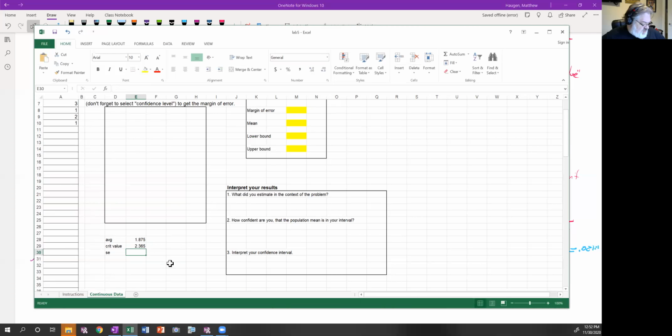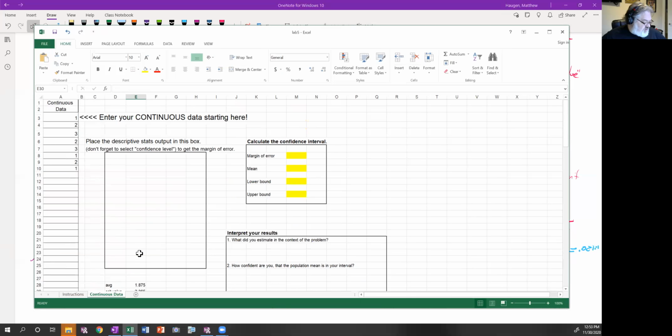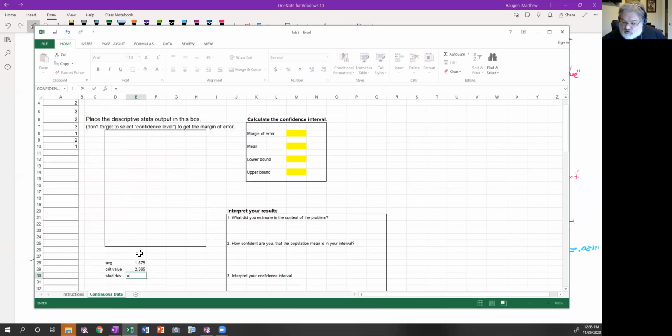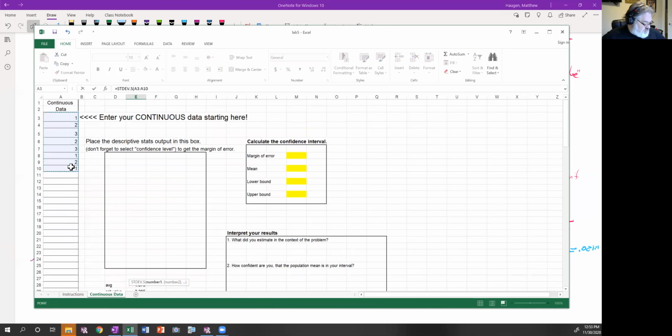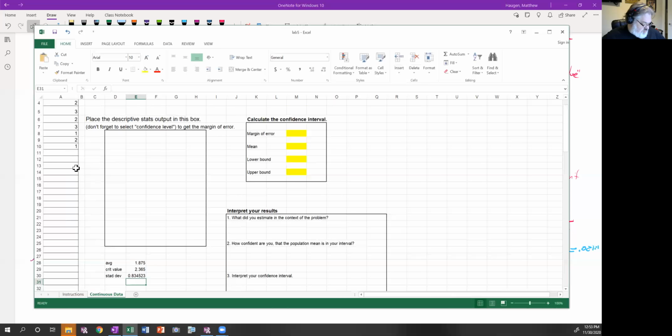Okay. And then our standard error would use our standard deviation, so I would need that first. So our standard deviation for that, stdev.s, standard deviation of our data. You could do that all together if you wanted to, but I'm going to do it in pieces.